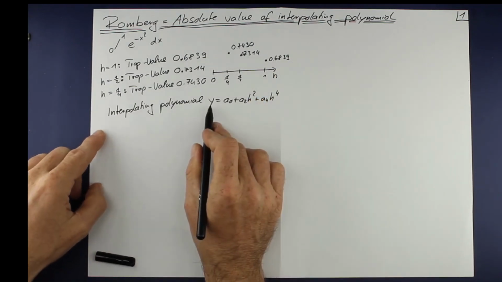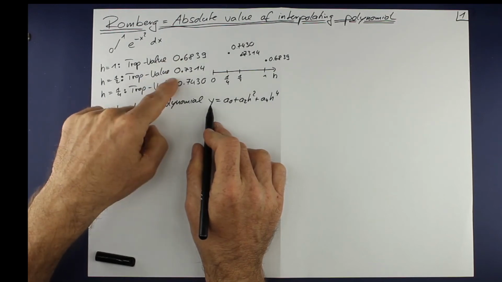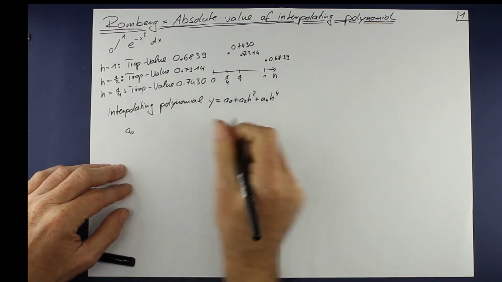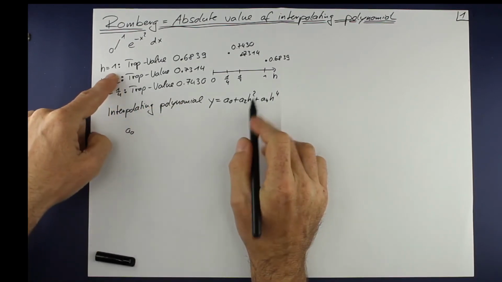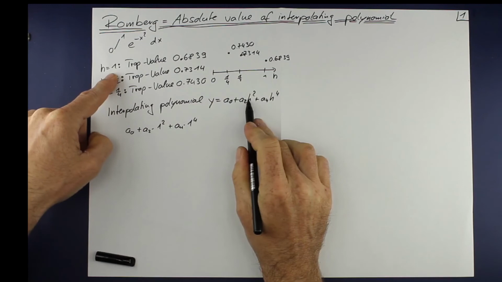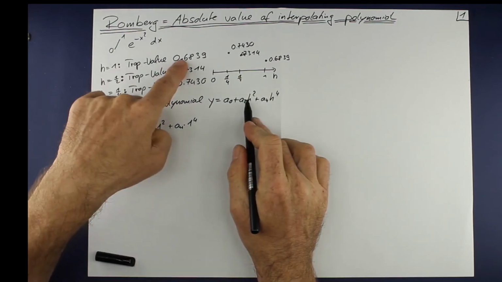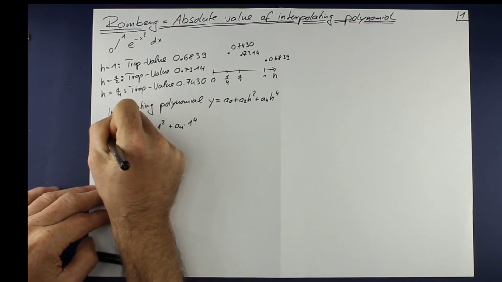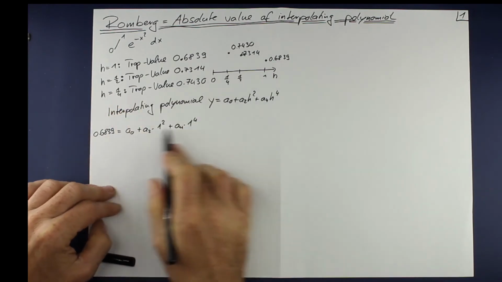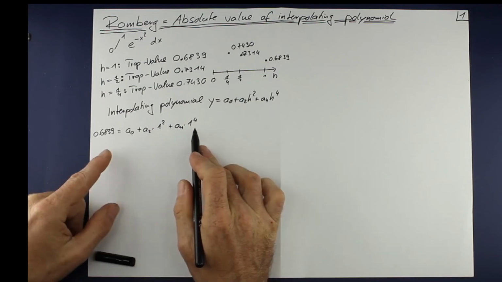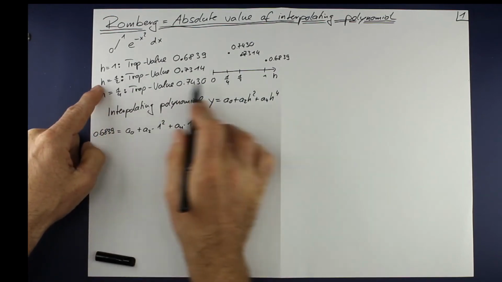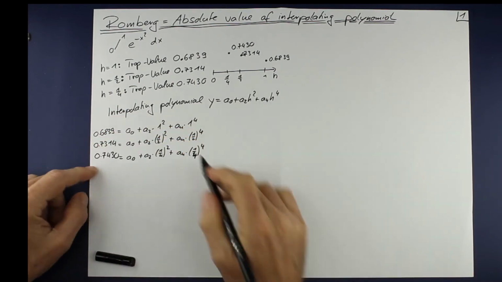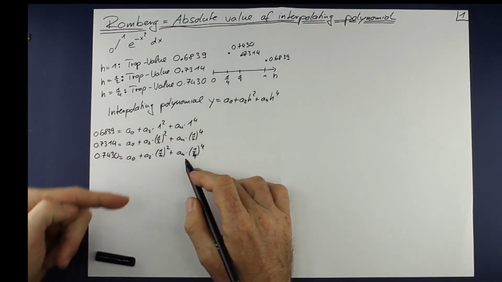How do we find the interpolating polynomial? Okay, so we know 3 values, these 3 values. So if h is 1, then we have that value, so this should be the result. And now we have one linear equation, and now let's do the same for these two. And now we have 3 equations for 3 unknowns.